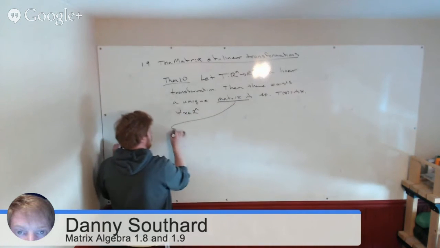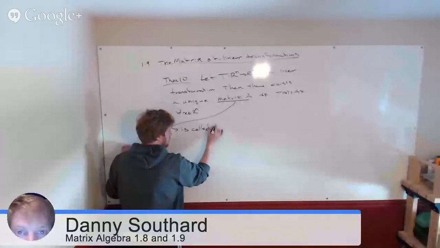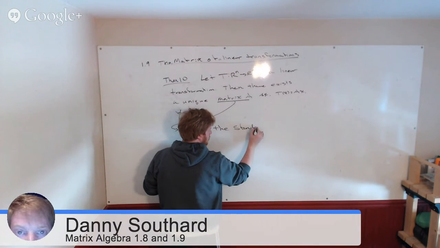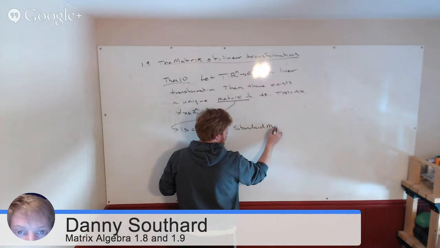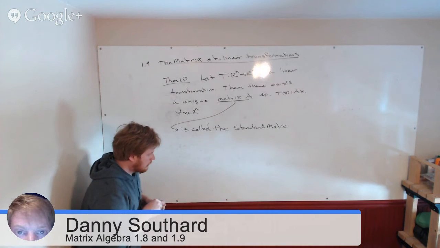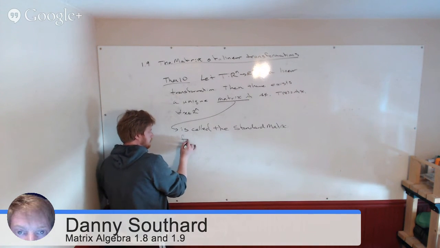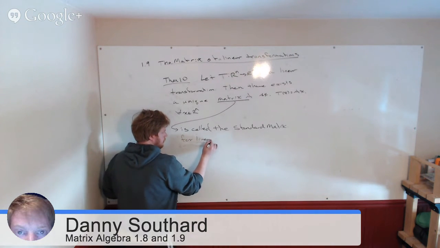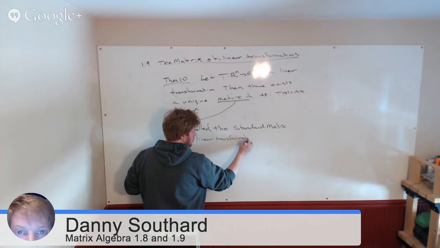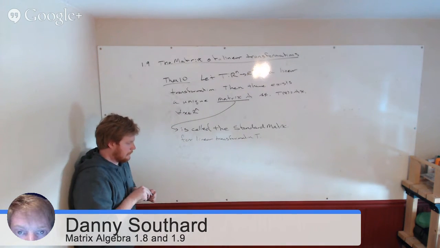Matrix A is called the standard matrix for linear transformation T. Okay.